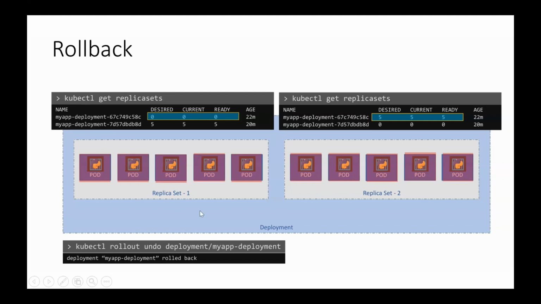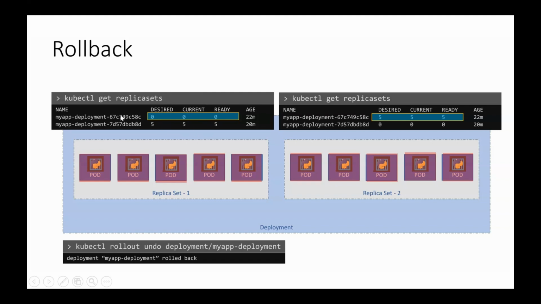Once you run this command, kubectl rollout undo and the deployment name, this will undo the previous deployment and roll back to the previous deployment, or you can roll out undo to a previous revision as well.